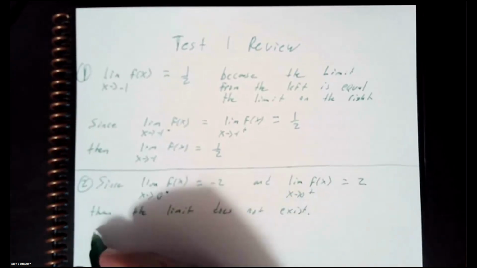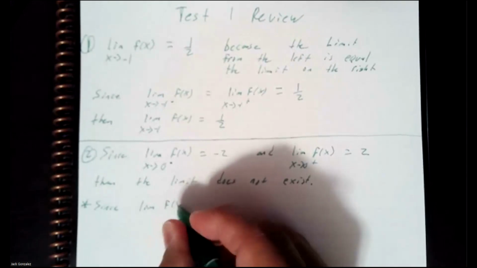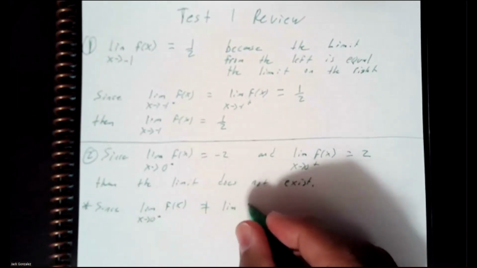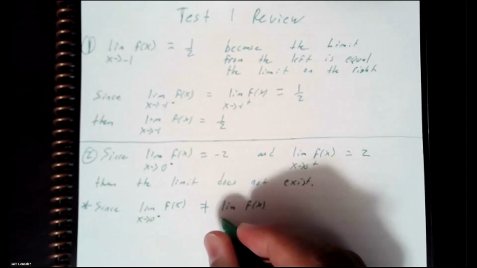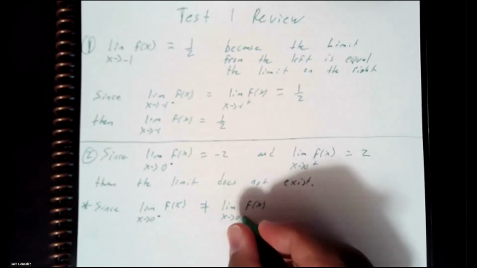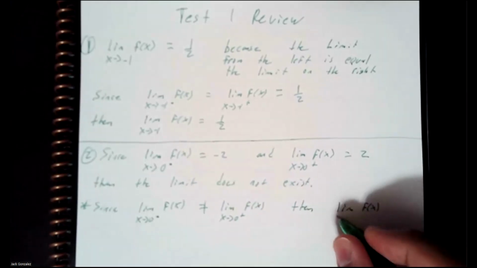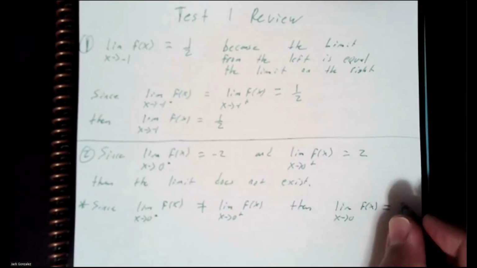In more shorthand, another way to write it, since the limit of f from the left is not equal to the limit of f on the right, then the limit of f approaching 0 does not exist.